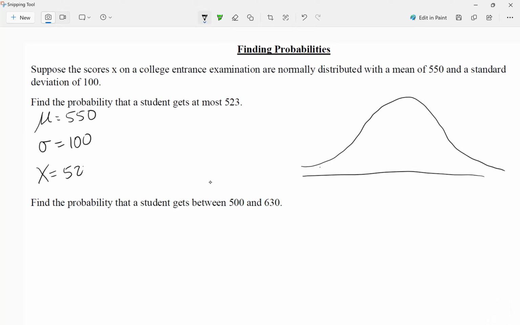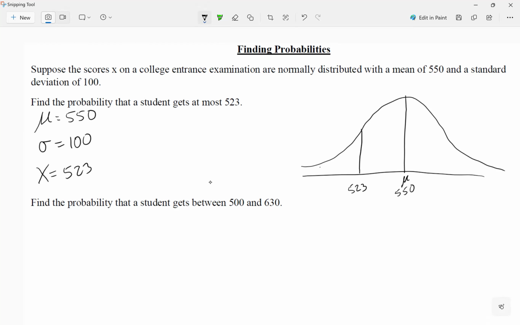Looking at our graph, before I even look at our z-score table, I have my mean here, which is 550. The X that I want to check is 523.